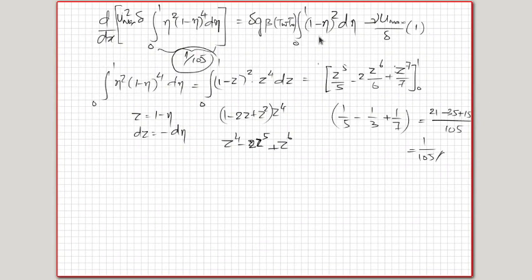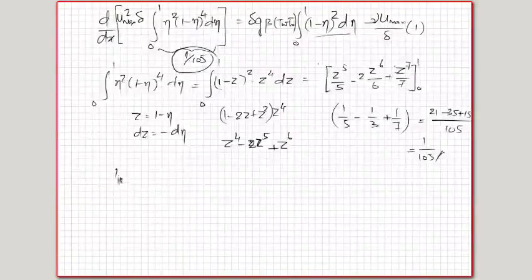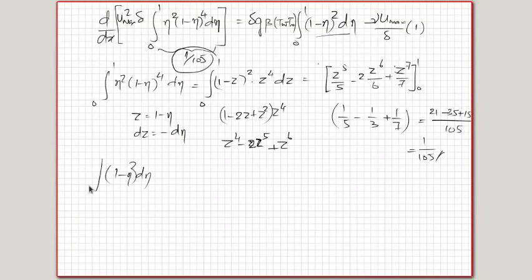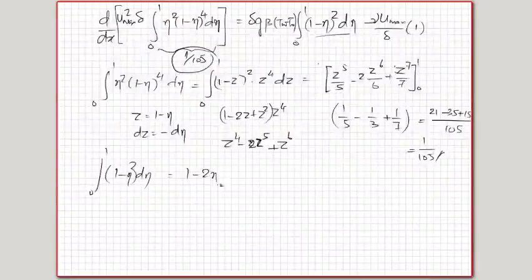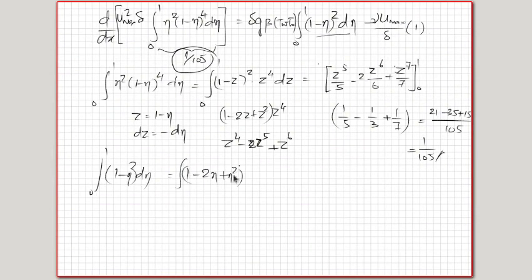Similarly, if I integrate this expression, it is (1 minus eta) whole square d eta from 0 to 1. That will become 1 minus 2 eta plus eta square integrated between 0 to 1.